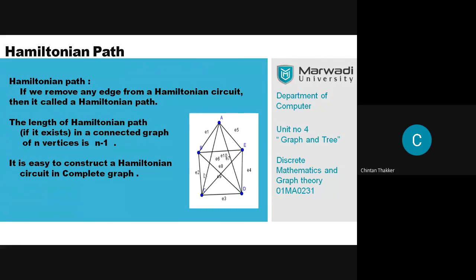Now here, find the Hamiltonian circuit first. Write the answer in the chat box. Find the Hamiltonian circuit here. This is a K5 complete graph with 5 vertices.